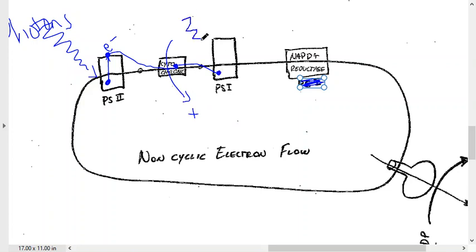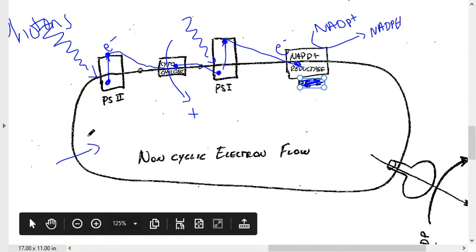Now remember, photons are hitting photosystem 1, so electrons move up, just like they did in photosystem 2, into their primary acceptor. The electron moves to NADP reductase, and just like the name implies, NADP gets reduced to NADPH. So that's a cute little overview.